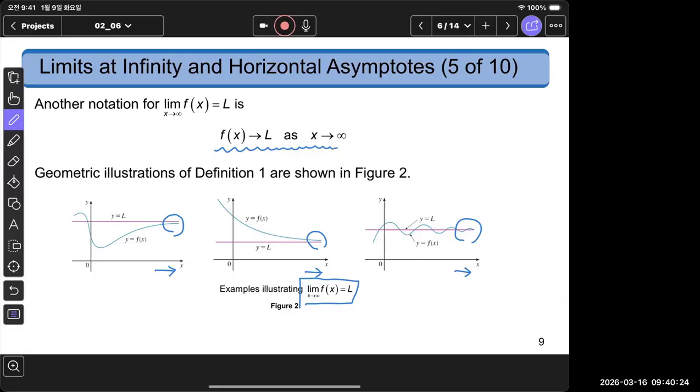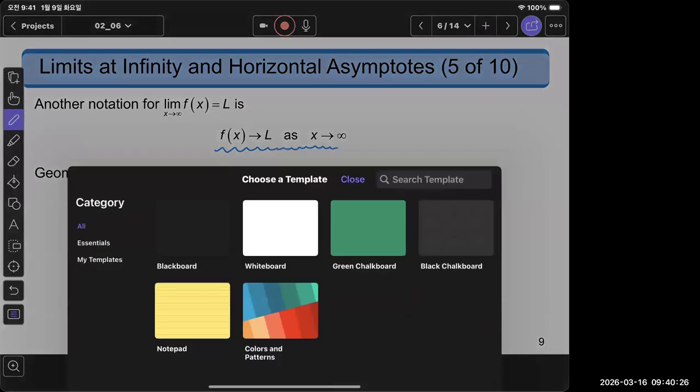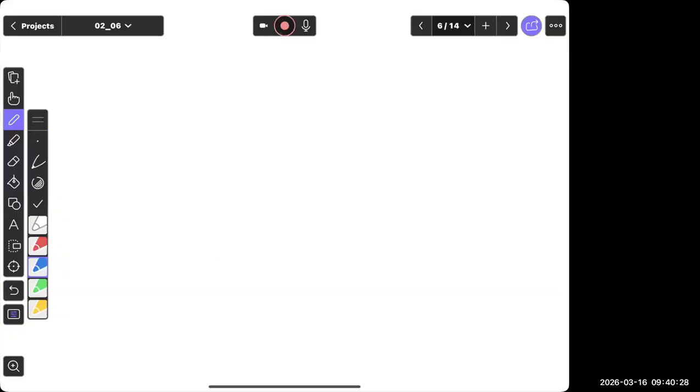As an example, one example will be the 1 over x function.